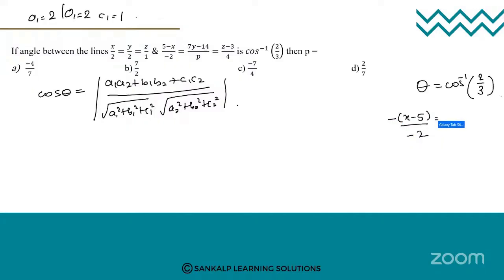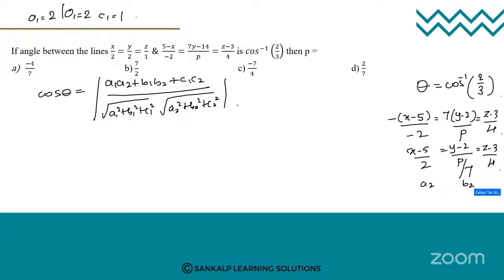This you can write as y minus 2 by p. This is correct. So what happened to this minus by minus? It became plus. This becomes y minus 2 by p by 7, and this becomes z minus 3 by 4. So in place of A2, B2, C2, we have 2, p by 7, 4.